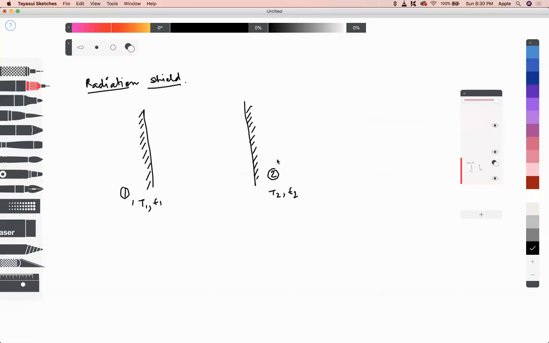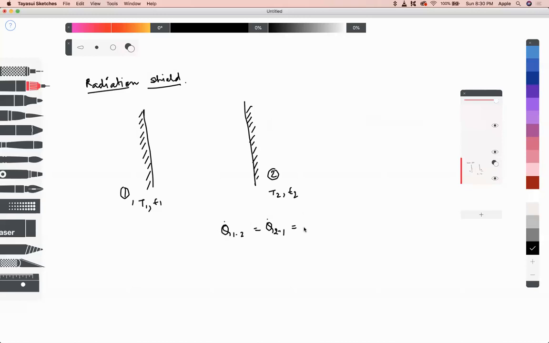Now they will have radiation exchange between them. One more thing is radiation 1 to 2 will be equal to 2 to 1, because the temperature of the surfaces is not changing.